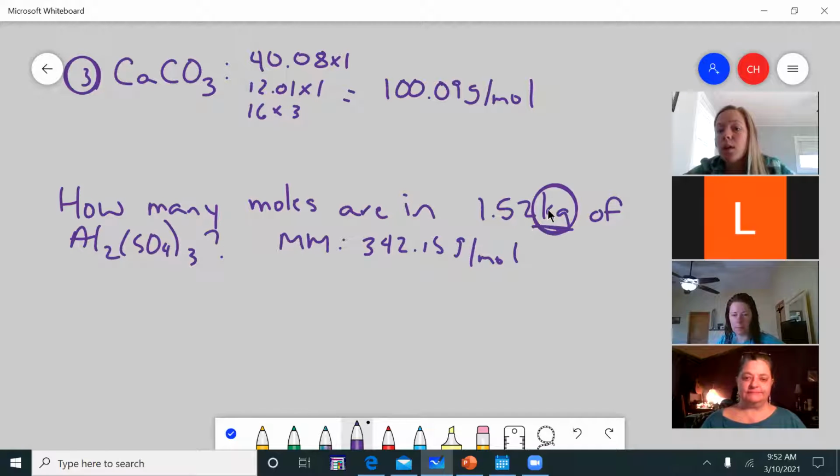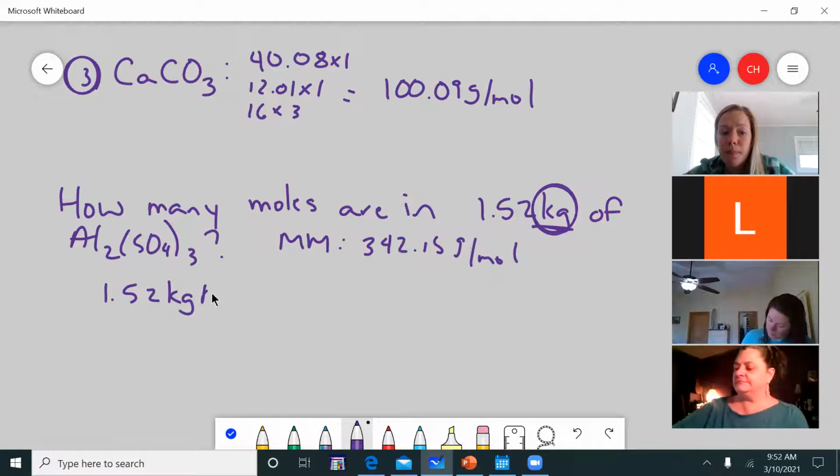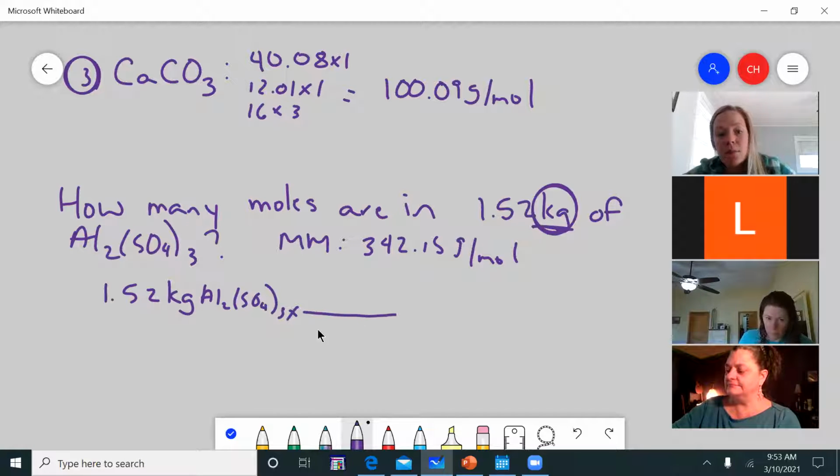There's 2 ways you can convert. You can use King Henry died before drinking chocolate milk and just move the decimal over 3 places. Or you can put it into dimensional analysis. I'll do that. 1.52 kilograms of Al2(SO4)3. If I want to convert this into grams, for every 1 kilogram, I get 1,000 grams, and the unit of kilogram will cancel.